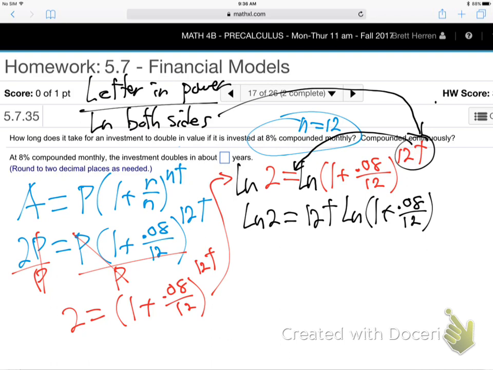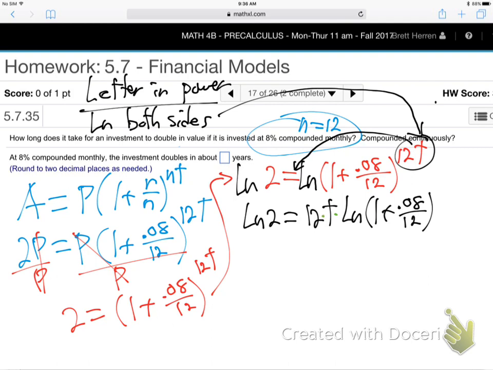And once you get that letter out of the power zone, you dethrone it, you get it down to the base level, then it's really pretty easy. That's so much easier at that point once it's out of power. So now that it's out of power, this is just 12 times t, all multiplied, huh?